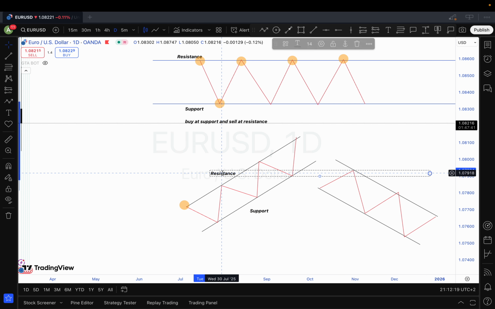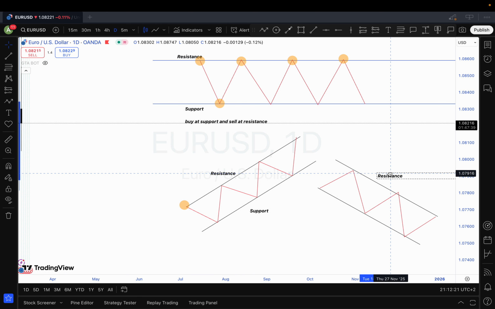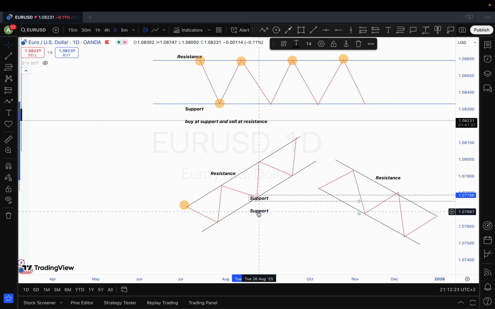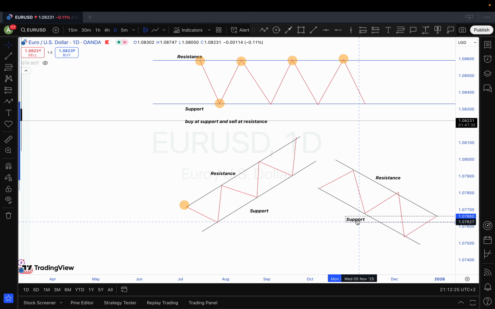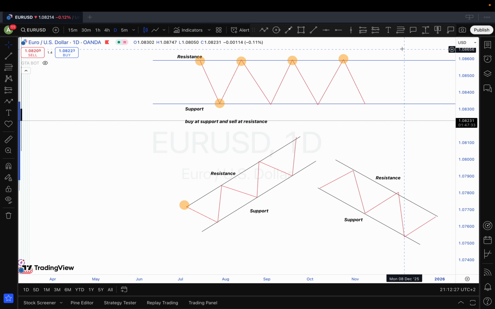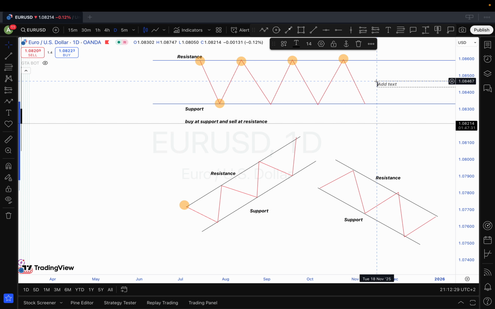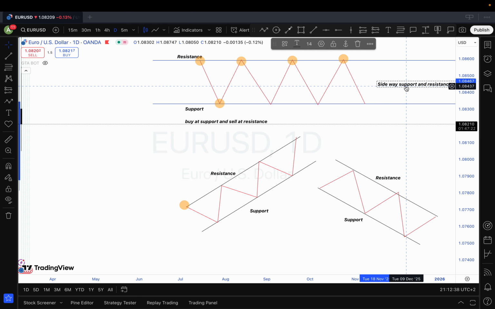So now when we're looking at that, you can easily see here as well that we have support and resistance. So this is a sideways support and resistance. Let me just put it here. It's a sideways support and resistance.